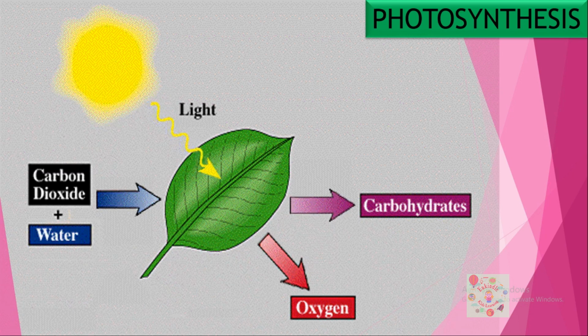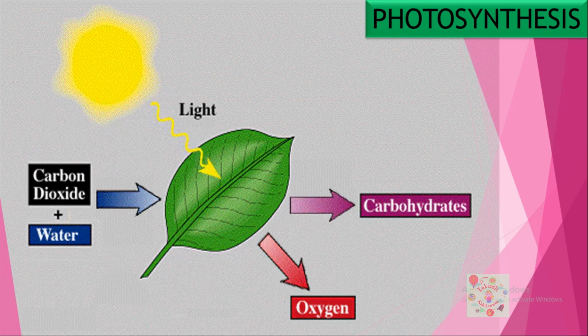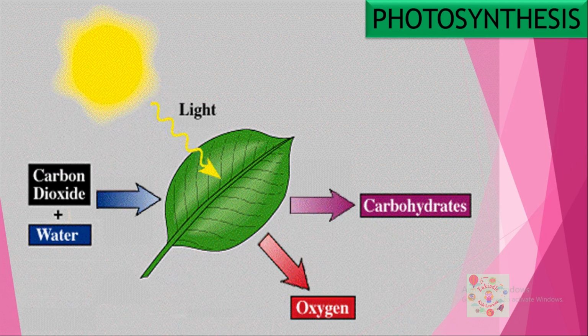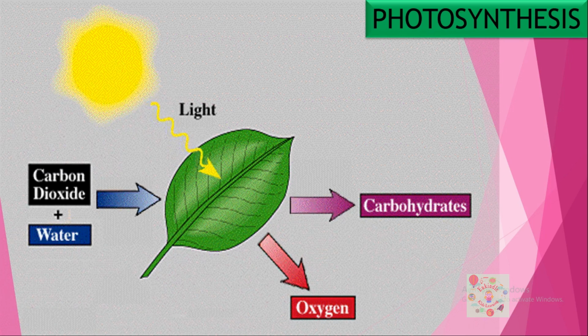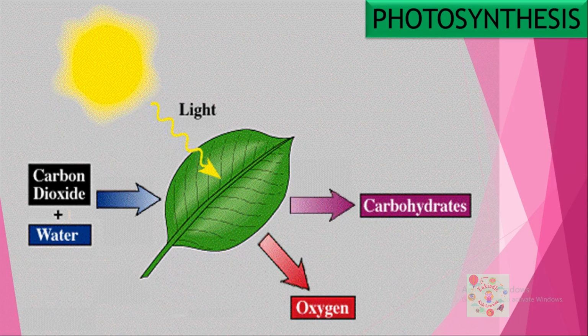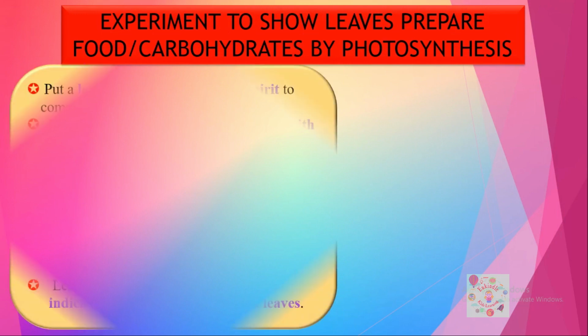Leaves absorb carbon dioxide from the air and water and minerals from the soil in the presence of sunlight and with the help of chlorophyll pigment which is present in the green leaf. The leaf produces carbohydrates and oxygen. This is the process of photosynthesis. So, with the help of some experiments, we will try to prove that leaves prepare food or carbohydrates by photosynthesis.